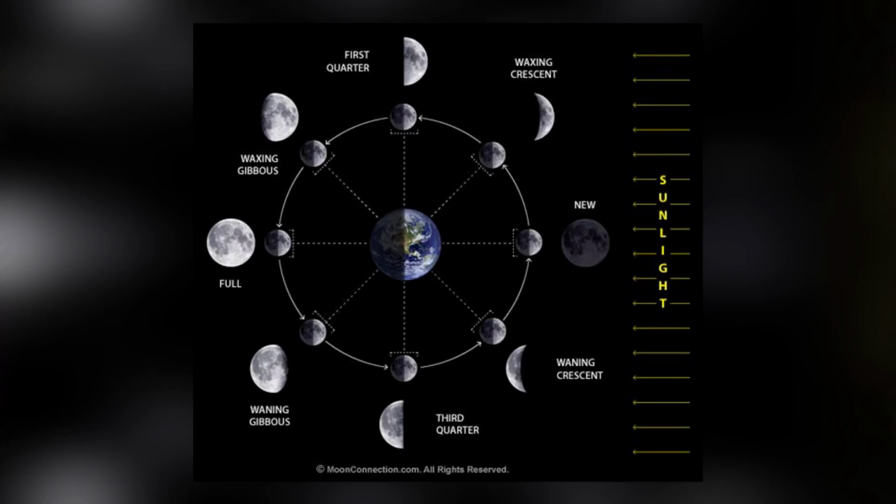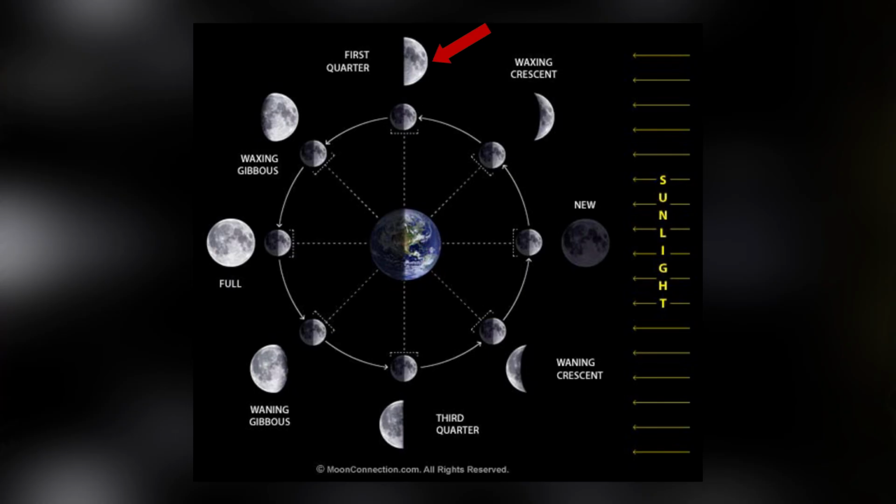So in conclusion, let's take a look at the phases of the moon once again. Here we have a demonstration. For example, we have the sunlight shining towards the moon. And here we have Earth in the middle, and around it we have the different phases of the moon.